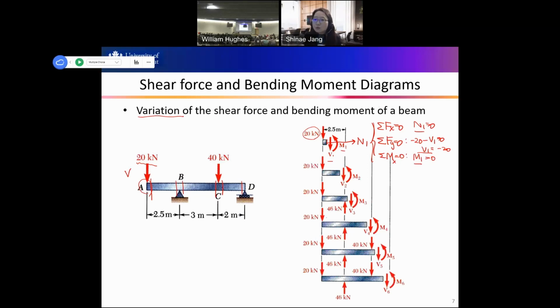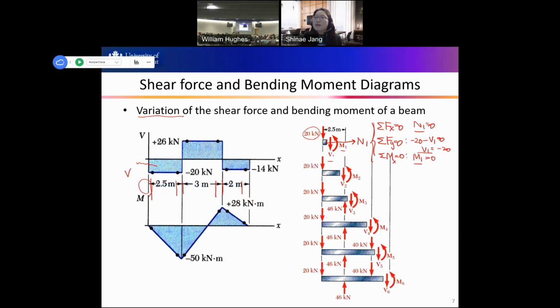And in this case, normal forces are all 0, so it's trivial. Those found points are connected together like this, and this upper chart is the shear force diagram, and the lower chart here is the bending moment diagram. Okay, so this is how we plot the shear force and bending moment diagrams using the method of cut.